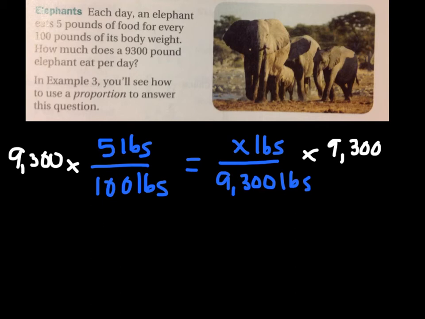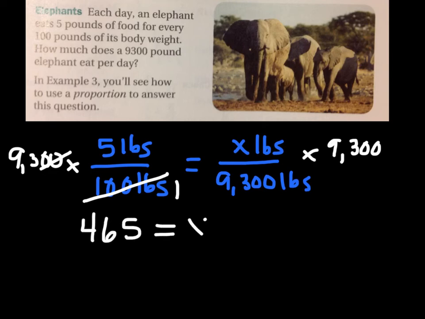That would reduce 100 to 1 and 9,300 to 93, giving us 93 times 5, which is 465, being equal to x. Okay, so our final answer is that a 9,300 pound elephant would eat about 465 pounds of food per day.